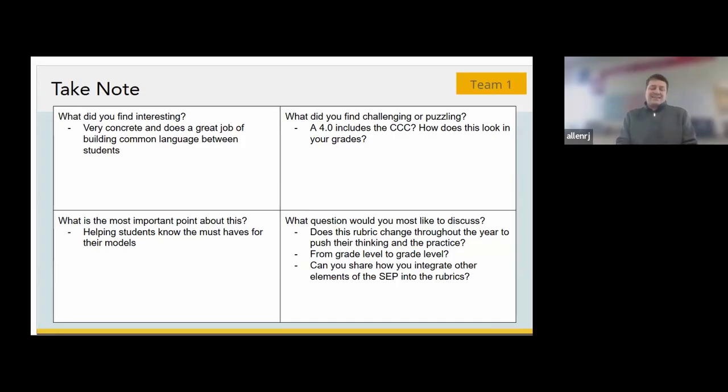With the DCIs, you're not expecting them to have a 3 when you first start this, because it's practice. If you're in the middle of a unit or the beginning of a unit, you can't really give a 3.0 assessment on something that they need to learn by the end of the unit. But you can give a 3.0 assessment based on something that you are scaffolding up to that point.